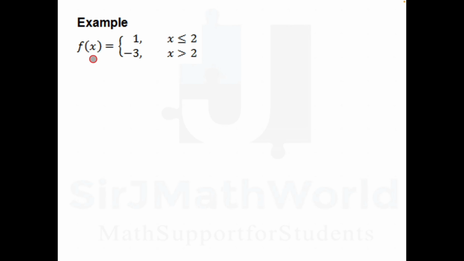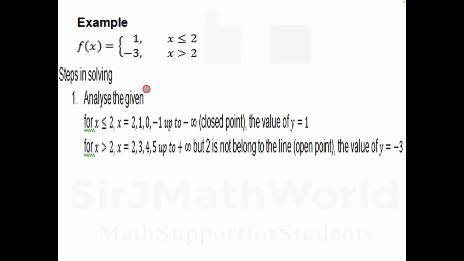So, in this case, meron tayo the function of x is equal to 1 if x is less than or equal to 2, and negative 3 if x is greater than 2. So, in solving, we have to analyze the given first. So, in analyzation, sabi dito, for x less than or equal to 2, it is a 1.